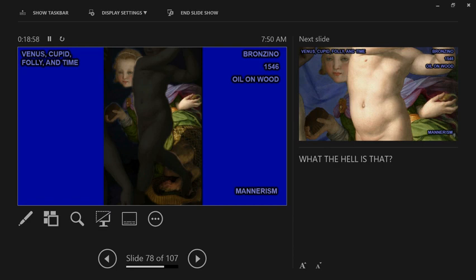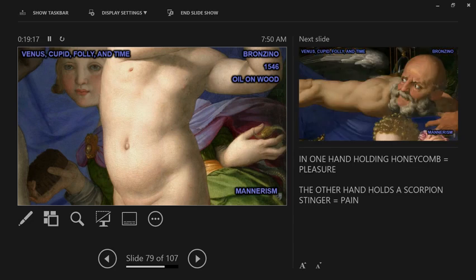She has a tail that comes around, and at the end of the tail is a scorpion's stinger. All right. So I ask again, what the hell is that? This weird creature. There's the scorpion stinger. And that scorpion stinger denotes pain, and the honeycomb denotes pleasure.